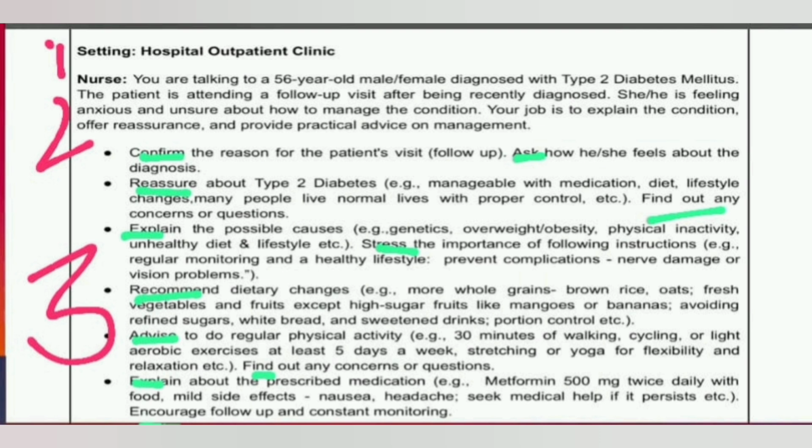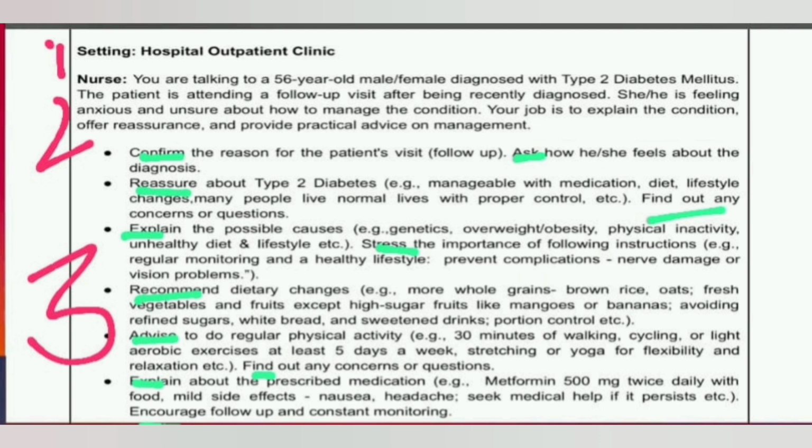Okay. So next is reassure about type 2 diabetes. For example, it is manageable with medication, diet, lifestyle changes. Many people live normal lives with proper control, etc. So see friends, all these sentences are based on reassurance, so that the anxiety, as our patient is having anxiety and is worried regarding his or her diagnosis.